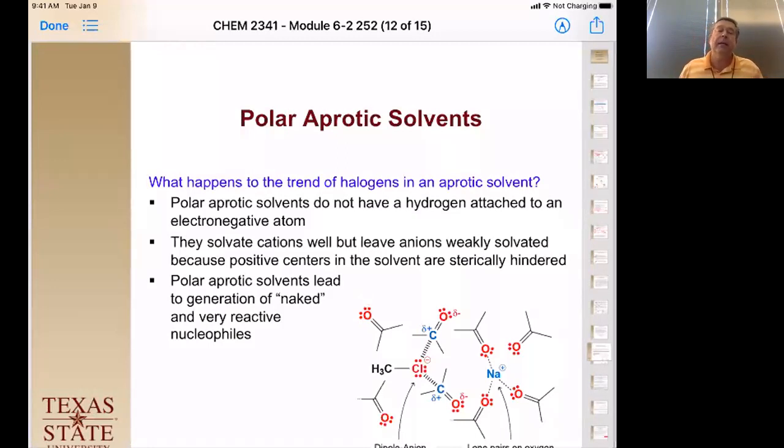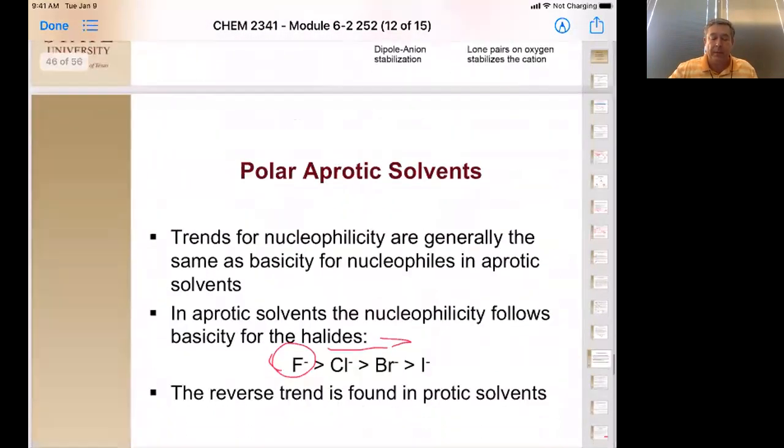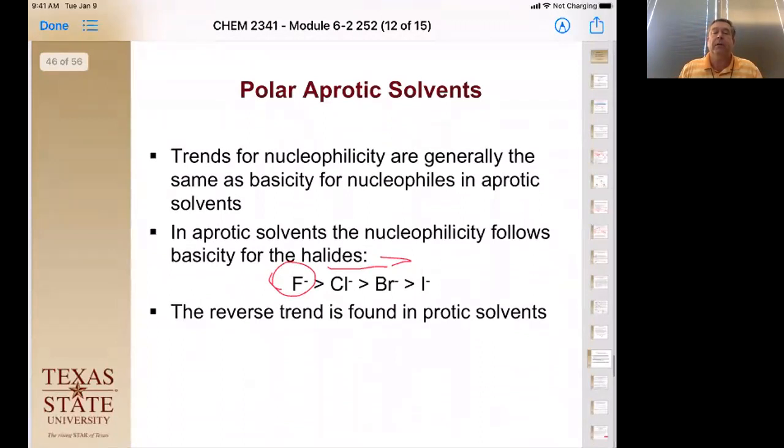So the key here is that in polar aprotic solvents, that halogen, which is our nucleophile in this case, is not very well solvated. And so it's not dominated by the acidity, it's dominated by the type of charge we have, which is why in a polar aprotic solvent, fluorine is the best nucleophile and iodine is the worst nucleophile.